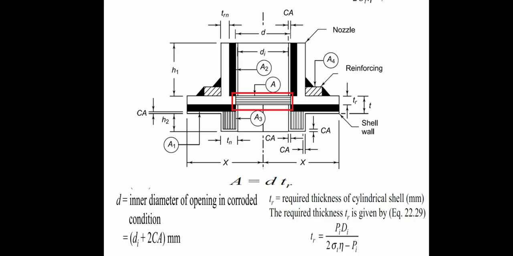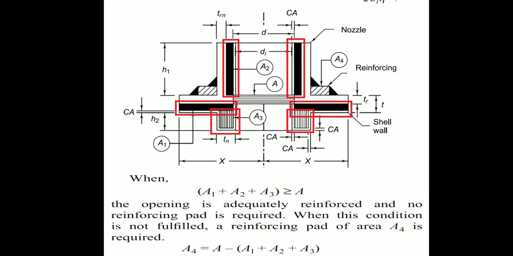There are three additional areas near the opening, namely area 1, denoted by A1, area 2, denoted by A2, and area 3, denoted by A3. Now, according to the area compensation method, if area removed is equal to area added, then there is no requirement of a reinforcing pad. That is, if the condition is satisfied, no reinforcing pad is required.